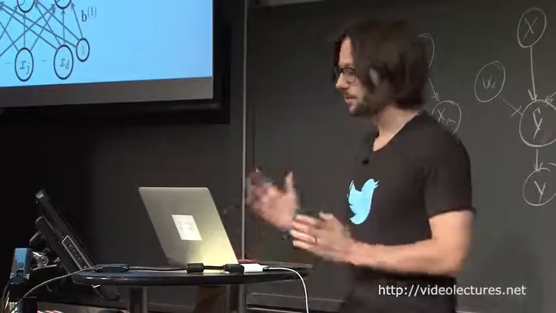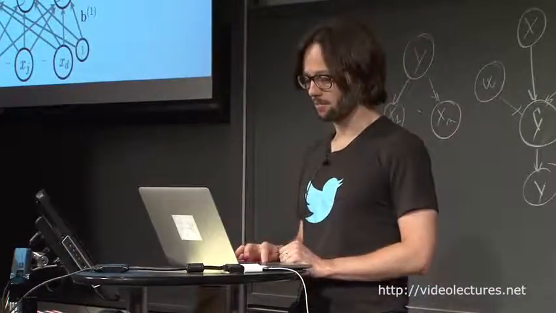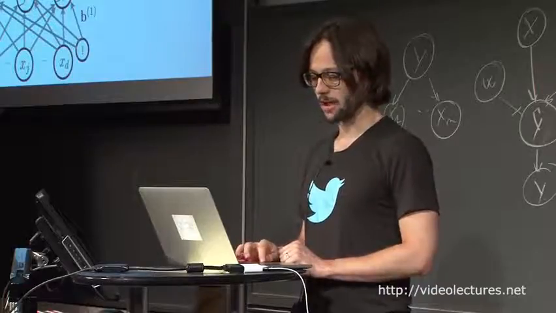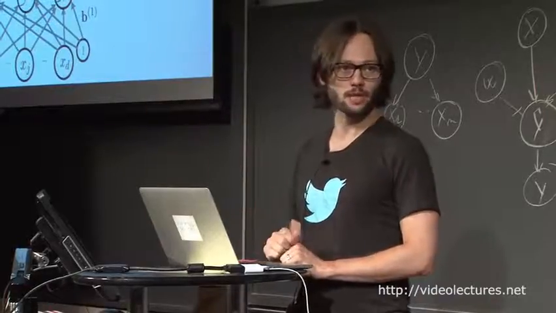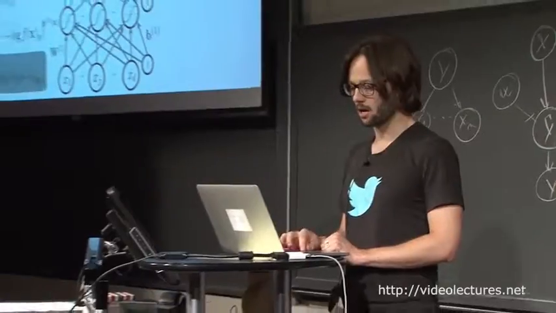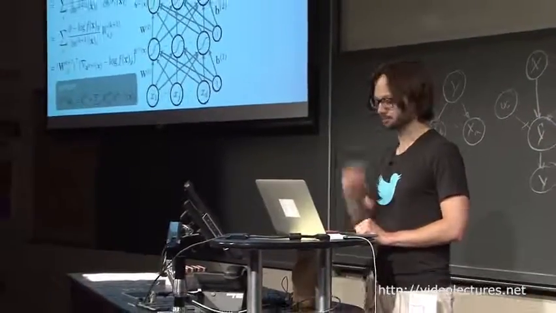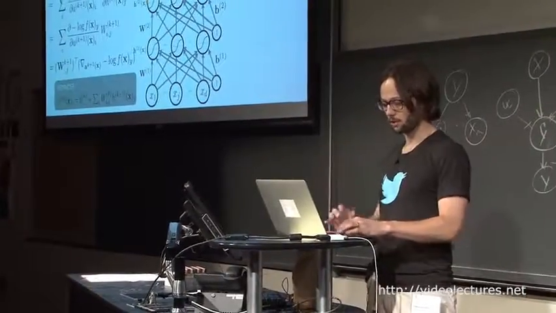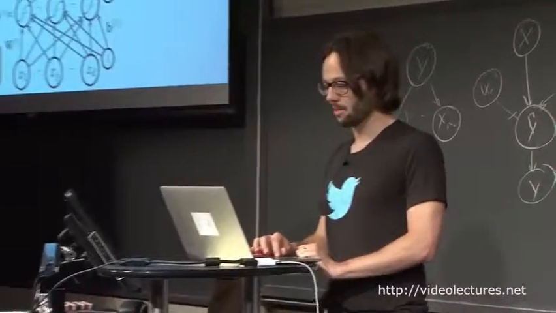So if you want the derivative of my loss function with respect to the jth unit at some hidden layer k, any hidden layer k, well, I'll invoke the chain rule. It's just going to be the sum over the derivative of my loss function with respect to all pre-activations i for all the units i at the layer above.